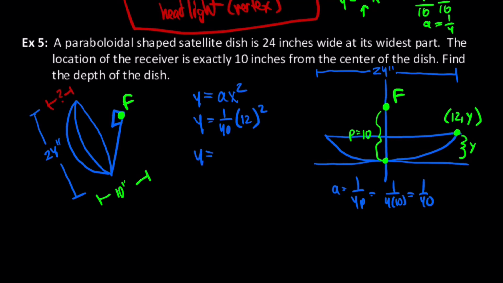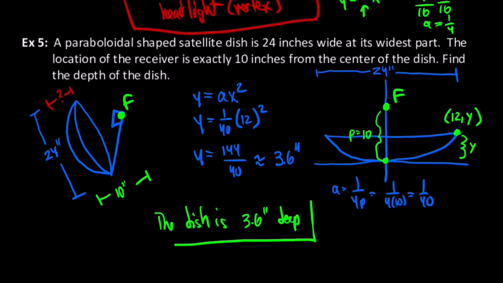So y equals 144 over 40, which is approximately 3.6 inches. And you just have to answer the question. The dish is 3.6 inches deep. It doesn't say what to round to, so we'll just go nearest tenth.